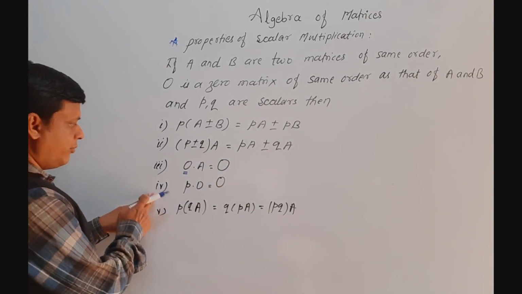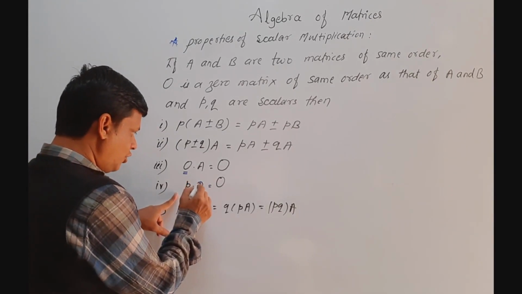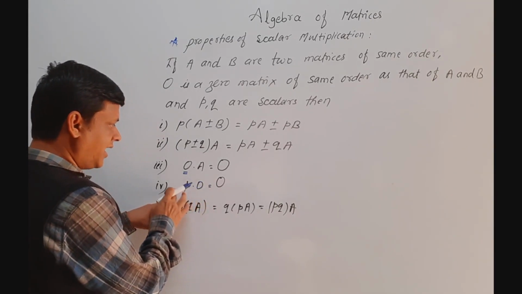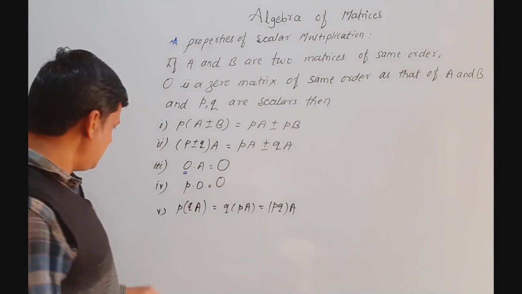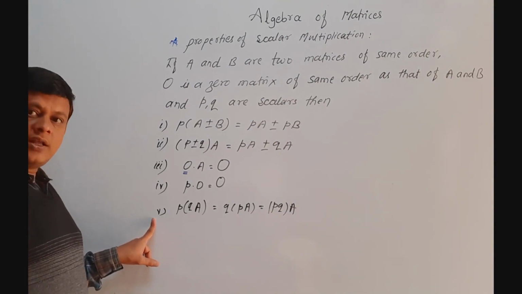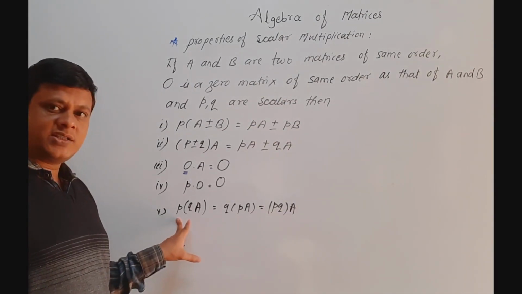Then the fourth property: if we multiply the zero matrix by a scalar p, then again we get the zero matrix. Then see the last property. Here p and q are scalars.